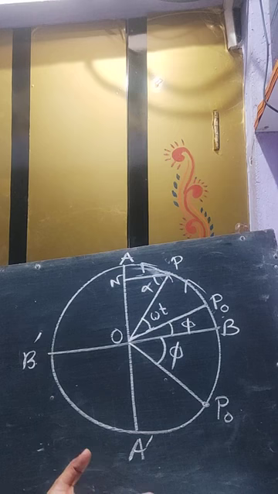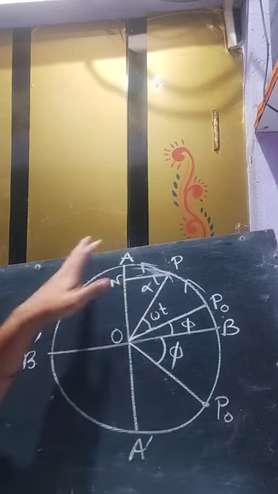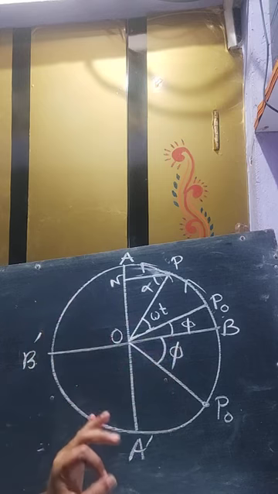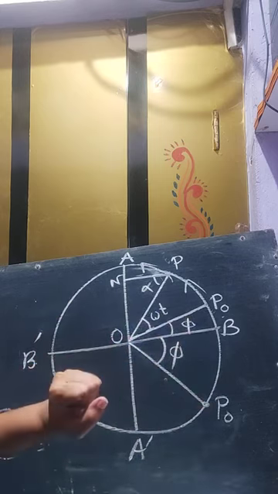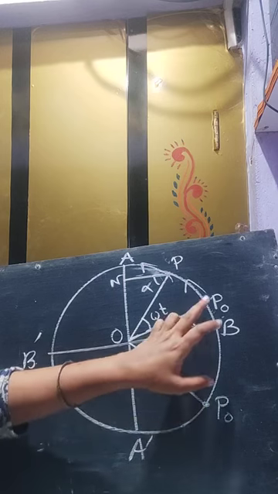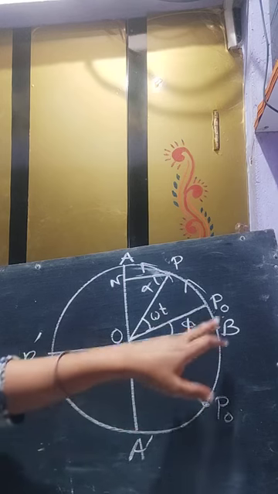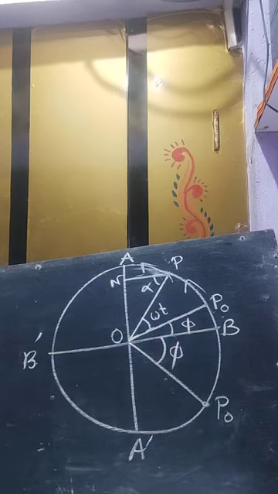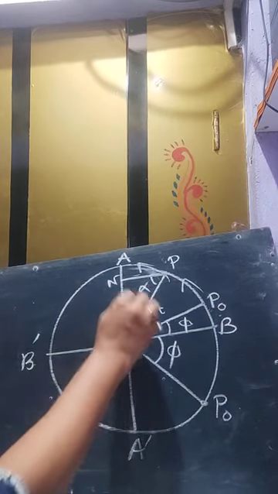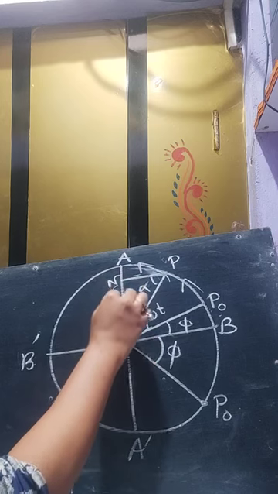Suppose the time is measured from the instant when the particle moving on the reference circle was at a point different from B, say at P0. Now POB is phi, then the displacement is y.